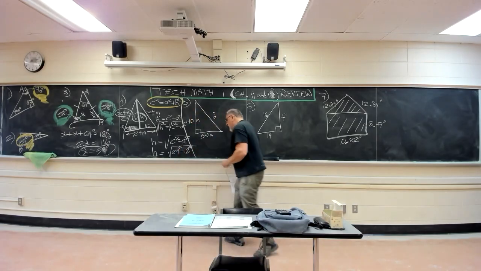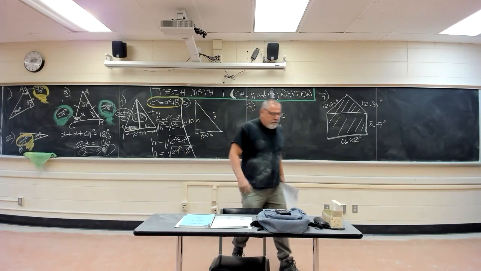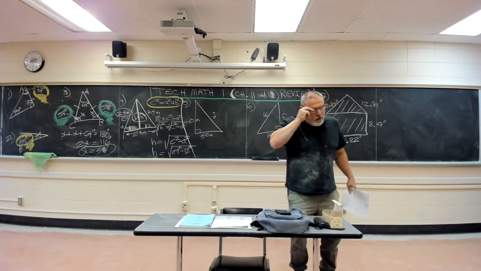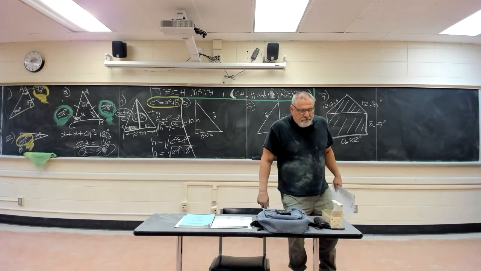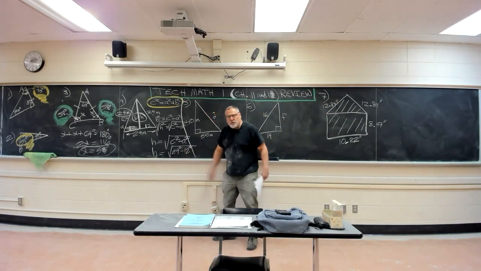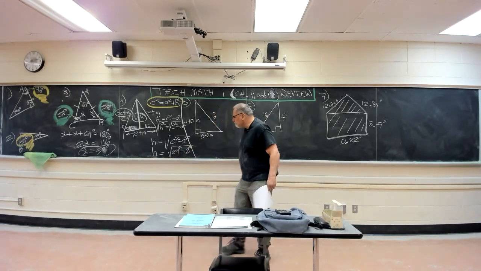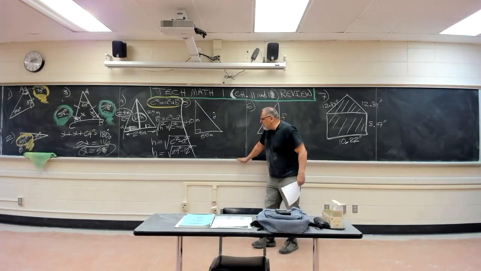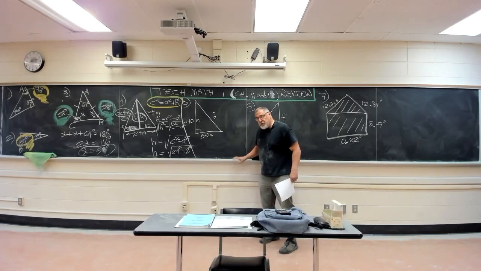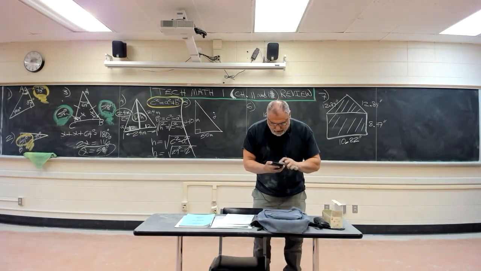Let's see what we can say. 24 squared is going to be 576. 12 squared is 144. 576 minus 144 is going to be 432. The square root of 432, let's take a look at it.